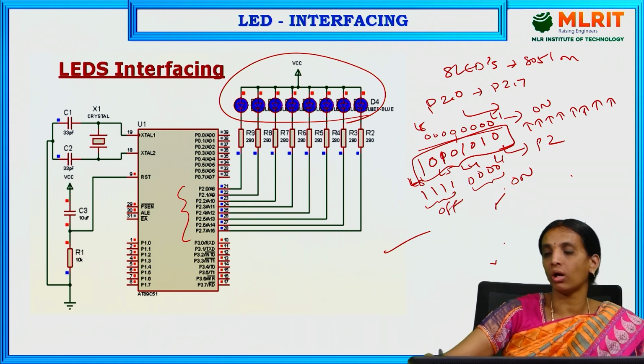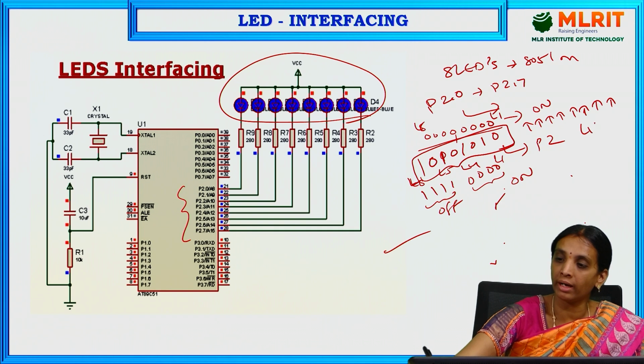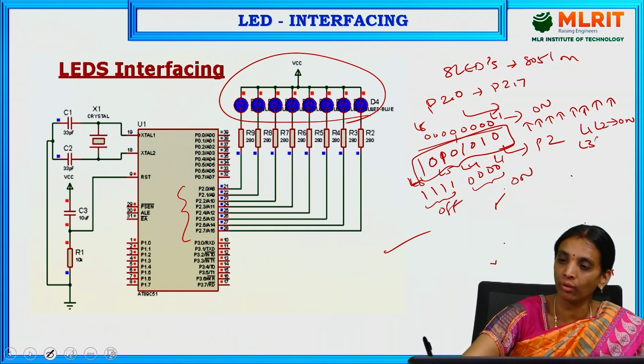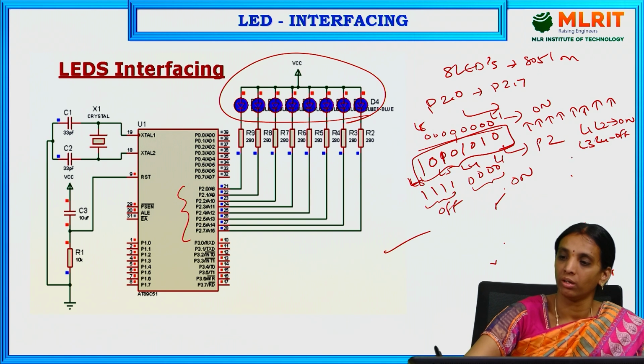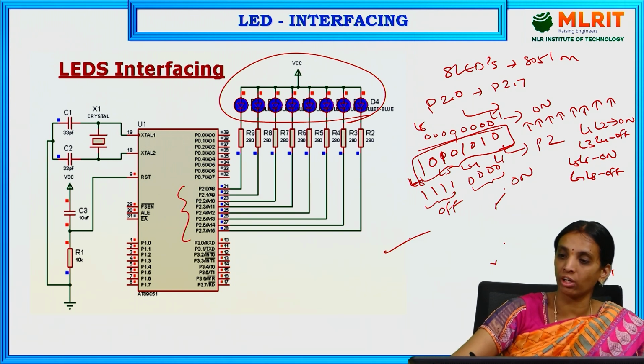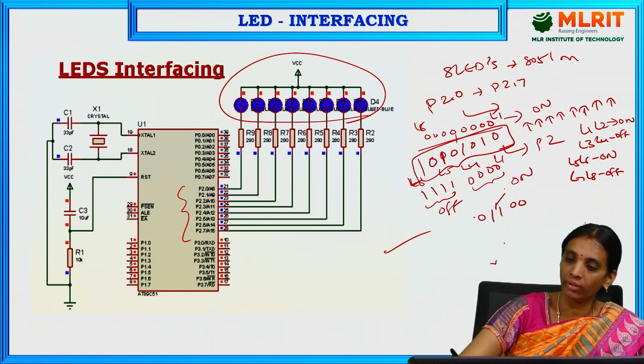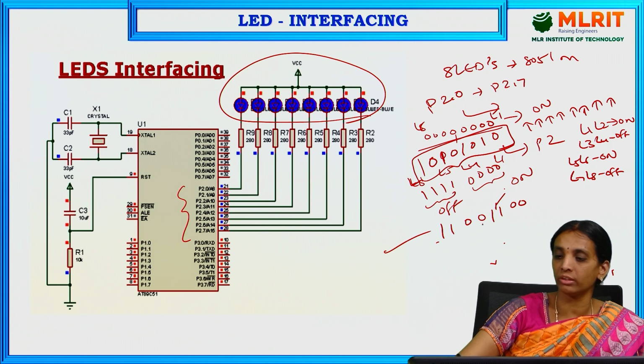If we want to blink our LEDs with L1 and L2 on, L3 and L4 off, L5 and L6 on, L7 and L8 off, then we need to give the pattern to the microcontroller as 1 1 0 0 1 1 0 0.